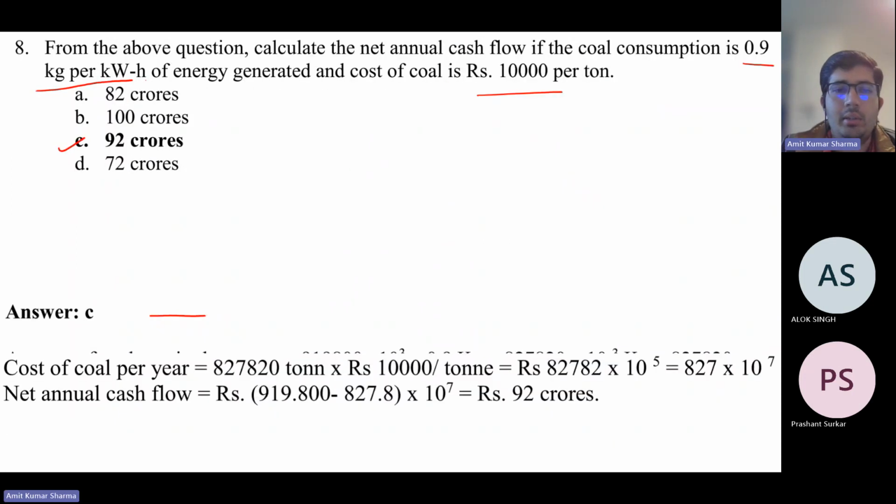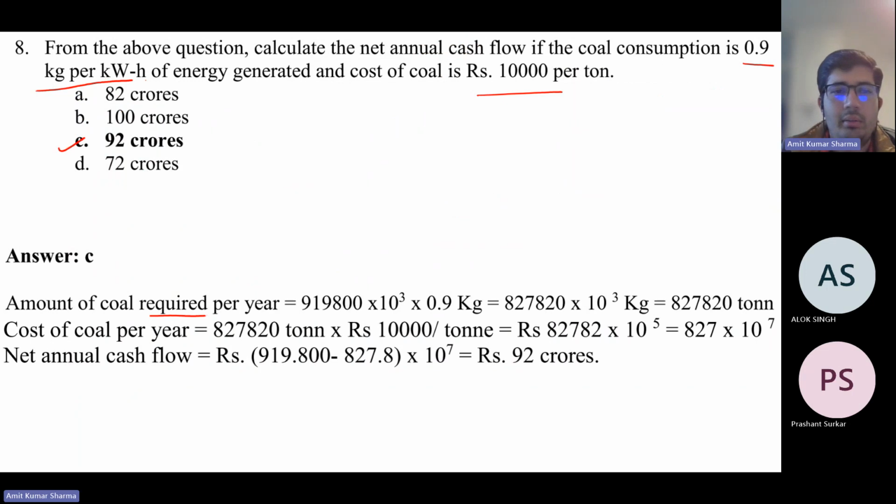Just multiply that, converting it into kilowatt hour, so multiply with 10 to the power 3, then multiply with 0.9. So you will require 827820 multiplied by 10 to the power 3 kg of coal. Convert into ton, so you will require 827820 ton of coal per year.